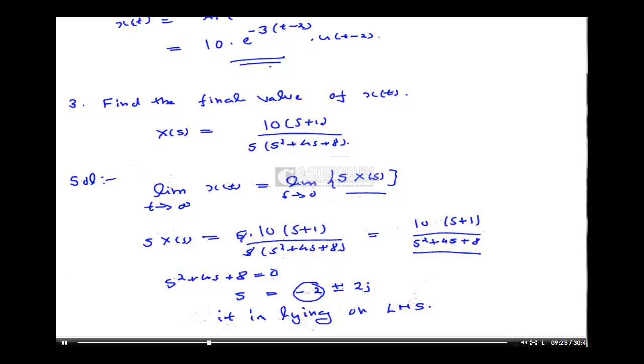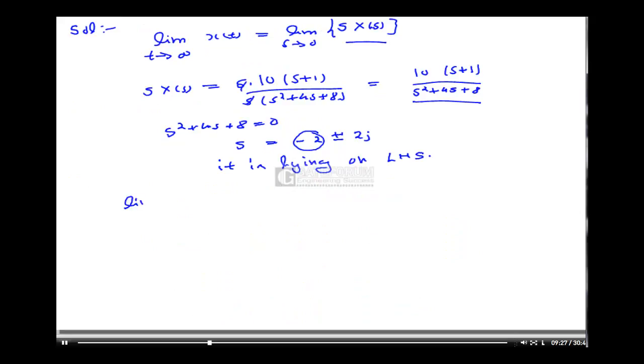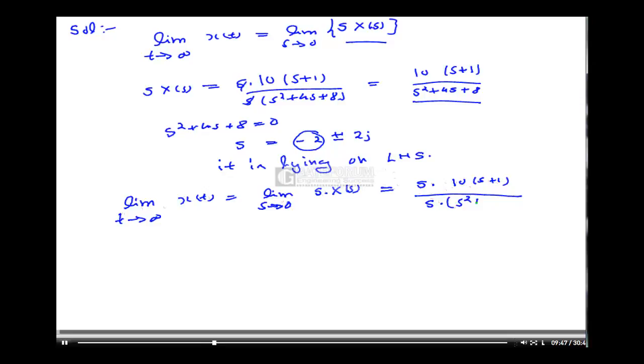Now to find the value of x(t), I should use the same formula again: limit s tending to 0 of s times 10(s+1) upon s(s² + 4s + 8).